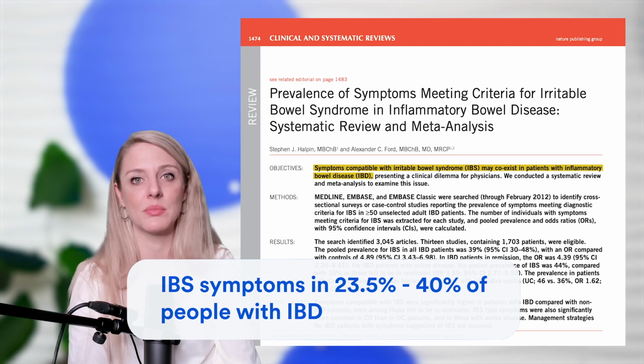So, fairly high numbers. Now, it gets pretty tricky for the people who have IBD, but who also experience IBS-like symptoms during states of remission. Because if you inaccurately assign where your symptoms are coming from, then there could be some serious health consequences. For example, if you wrongly assume the symptoms are being caused by IBS when there's really IBD inflammation going on, not only are you not going to probably get the right kind of treatment and symptom relief, but you could also be at risk for serious bowel damage and complications that may come along with that.